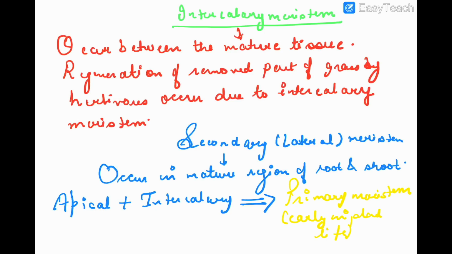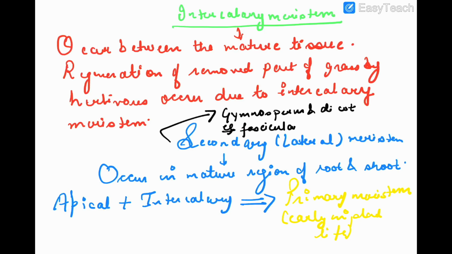This secondary or lateral meristem is seen in gymnosperm as well as dicots. Examples of the secondary meristem are fascicular cambium and cork cambium.